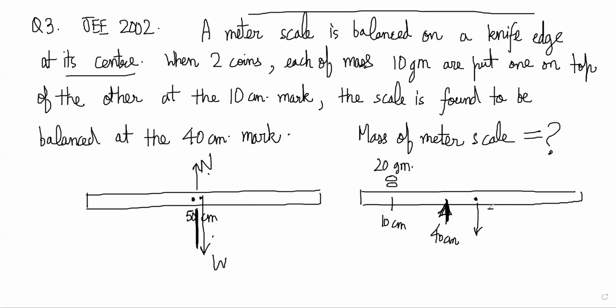The weight of the meter scale still acts at the 50 centimeter mark, and you calculate the torques: the weight of the scale will be turning it this way, and the torque of the 20 grams will be turning it the other way, right?